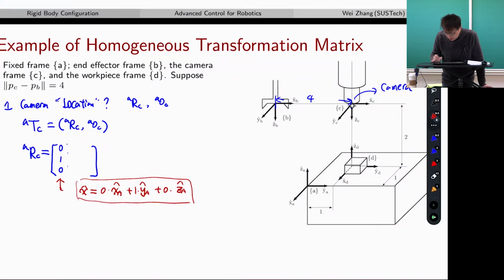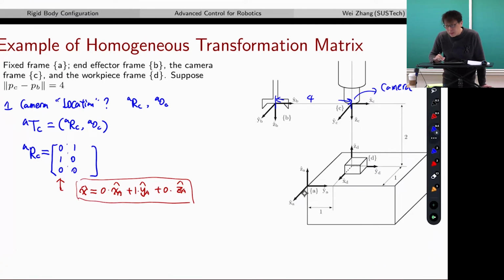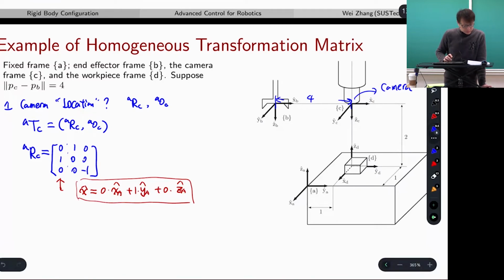And the second column is YC in A. YC coincides with XA, which will be 1, 0, 0, right? And ZC is the negative of ZA, so it's 0, 0, negative 1.